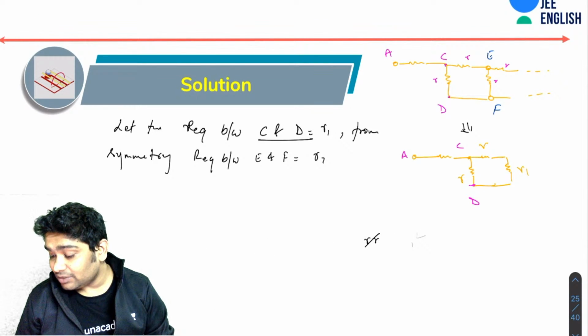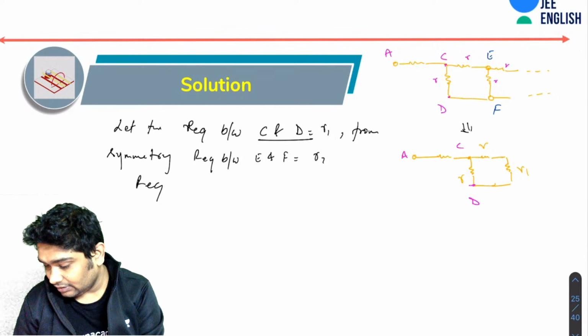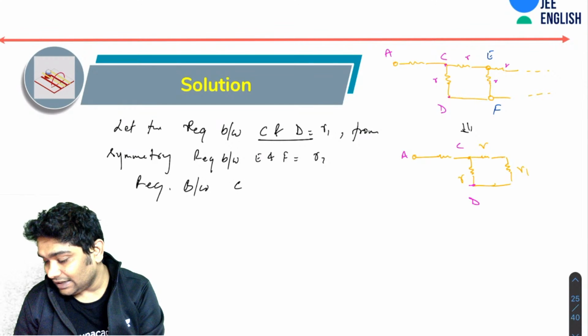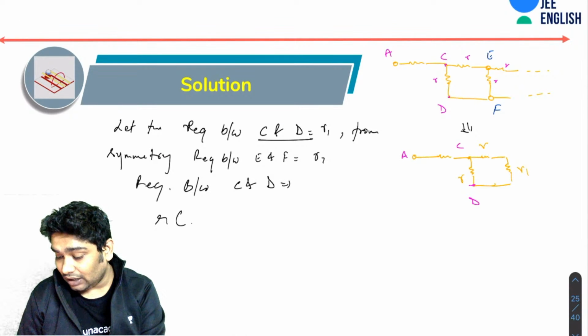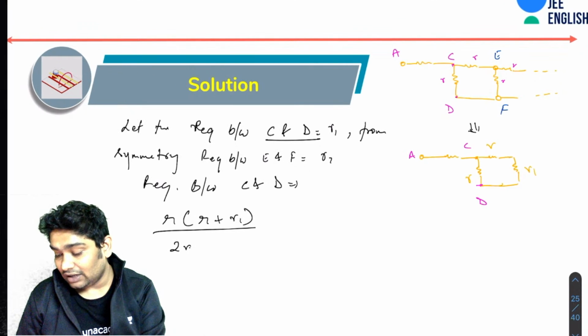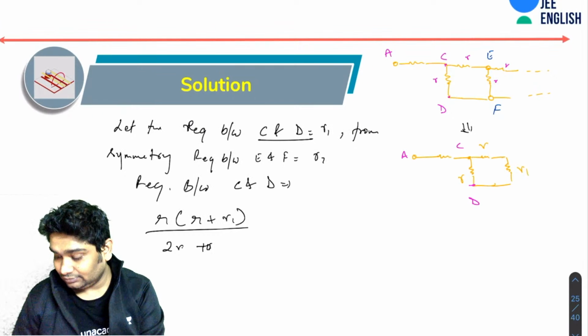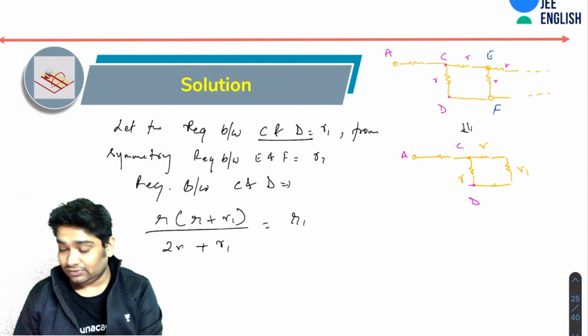The equivalent resistance between C and D would have been R into R plus R1 over R plus R1, and that would have been equal to R1.